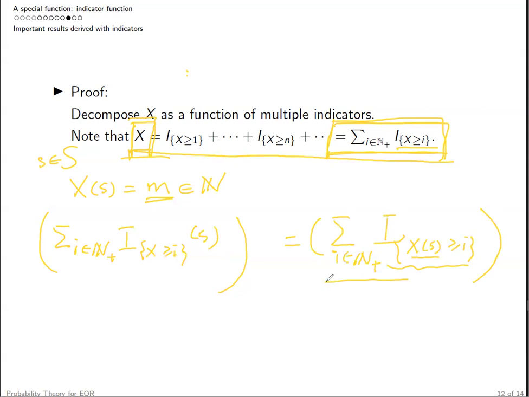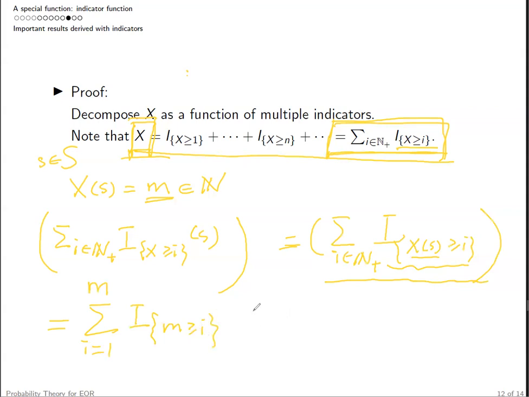So this indicator function is only equal to 1 if m is larger or equal to i. Then how many ones are we going to have in this summation? We're going to have exactly m ones within the summation, right? Let's take a look. i goes from 1 to m, where m is larger or equal to i.